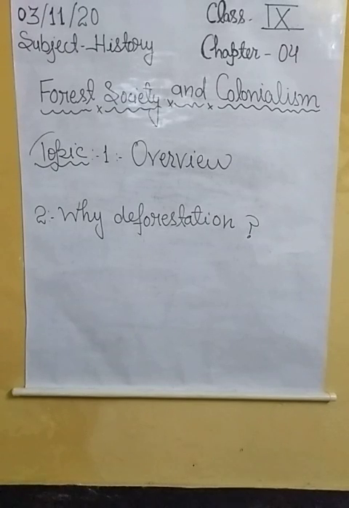So students, forests are especially dense in the region of the Amazon and in the Western Ghats. Due to the hot and humid climate, these forests of the world receive heavy rainfall and are dense.